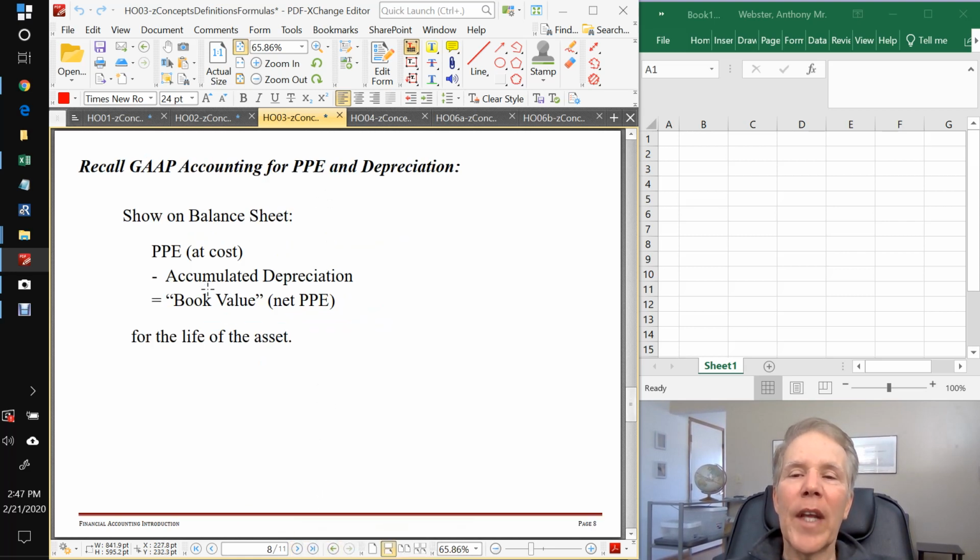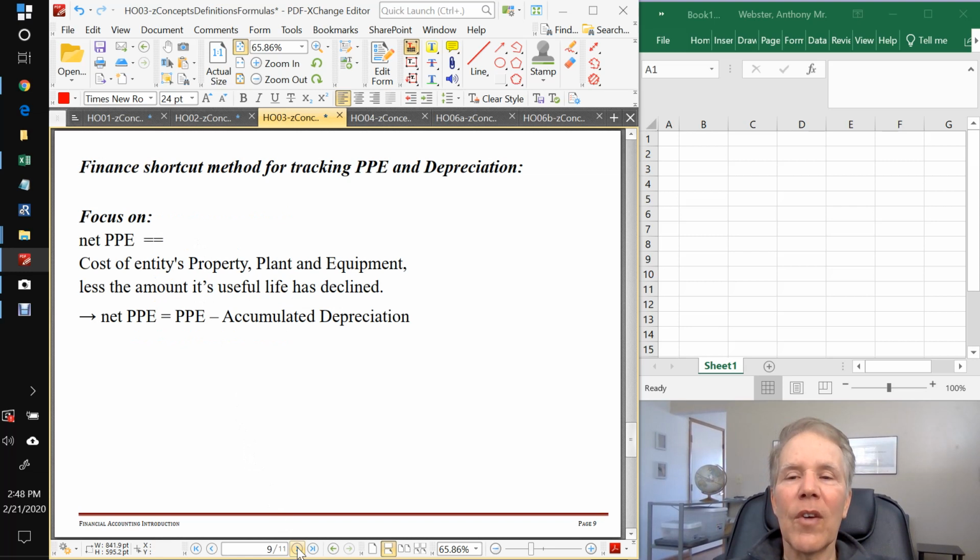The old GAAP method on a balance sheet, you'd see total PPE at cost minus accumulated depreciation equals book value, and that book value is net PPE. All we're going to do is work directly with net PPE and not worry about these other two things. So it's definitely simpler.